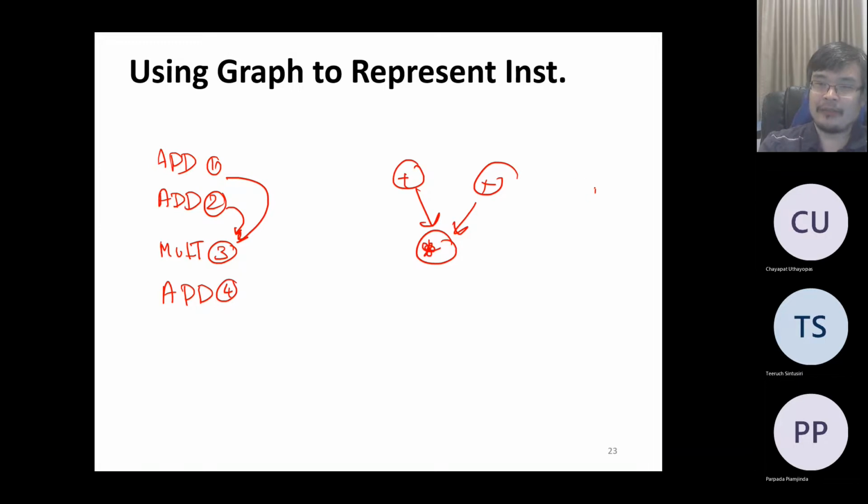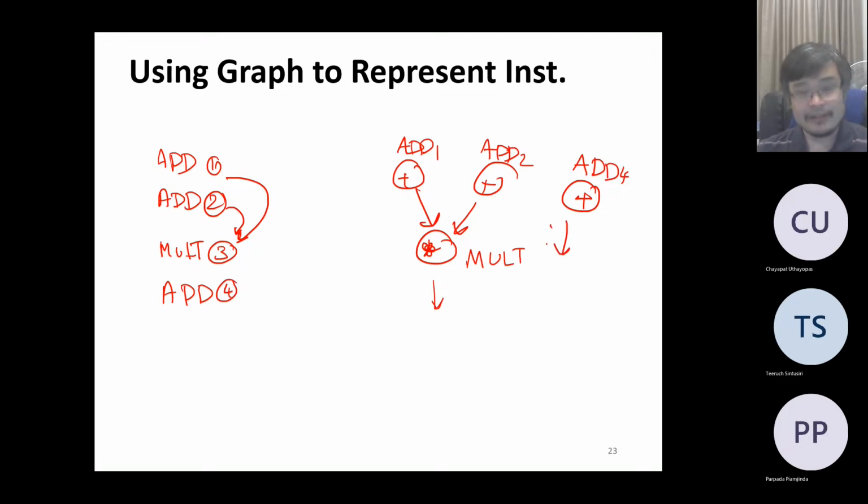And then there's a separate fourth add, that is add 1, right? Add 2. And then add 4, right? It has nothing to do with the other two adds. And then we have the multiply here, which will all generate output for someone else, right? But this can be some way to represent your program, right? Your program can be represented using this format.